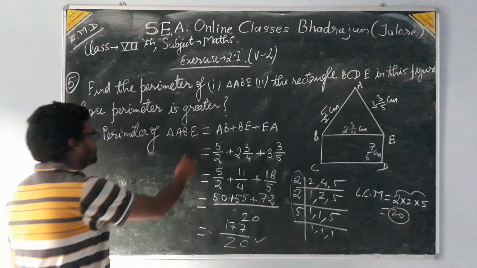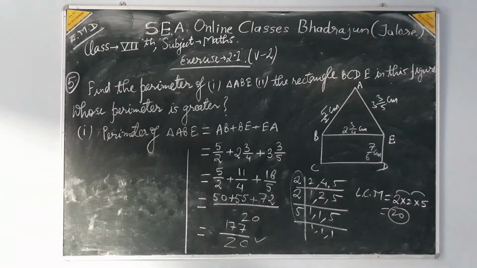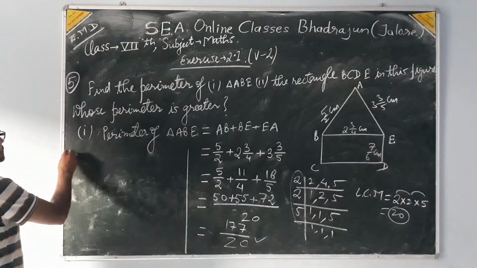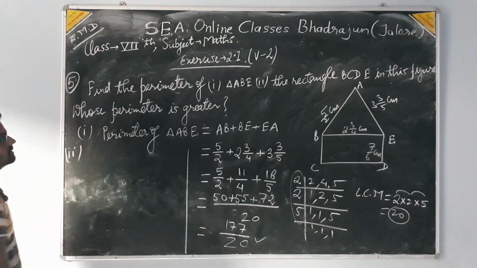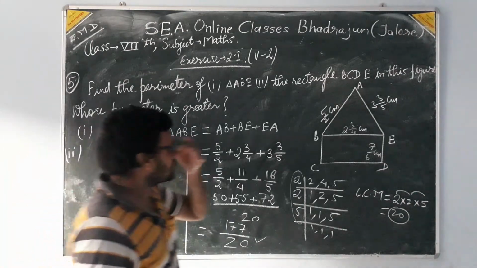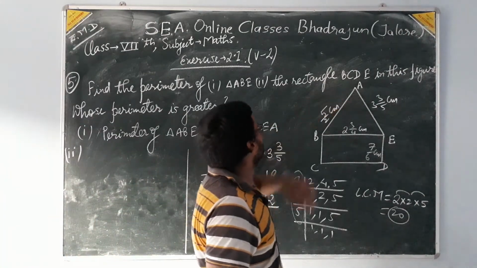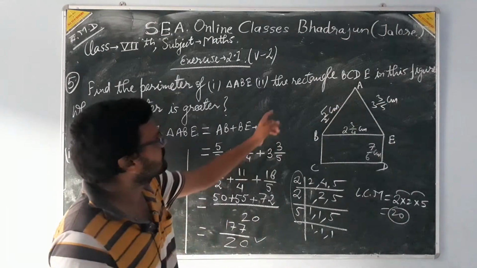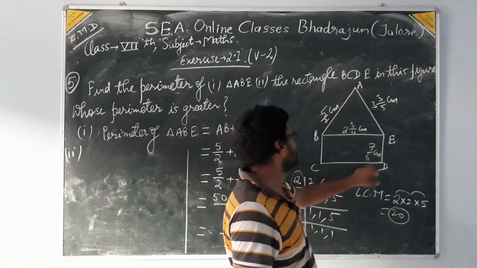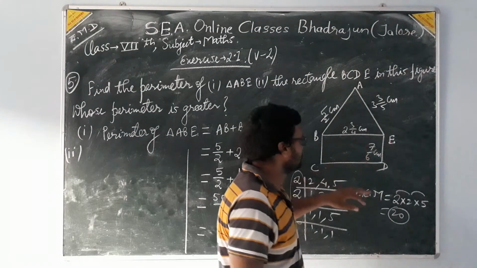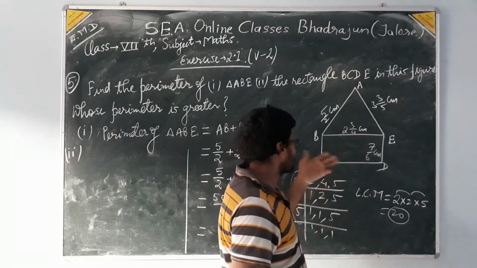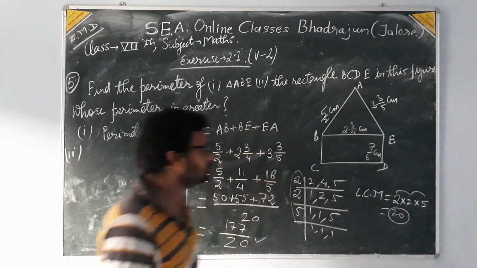Now we will go for solving the second part of the question, which is the perimeter of the rectangle BCDE. Here we see these two sides are repeating, so we have to multiply by 2.